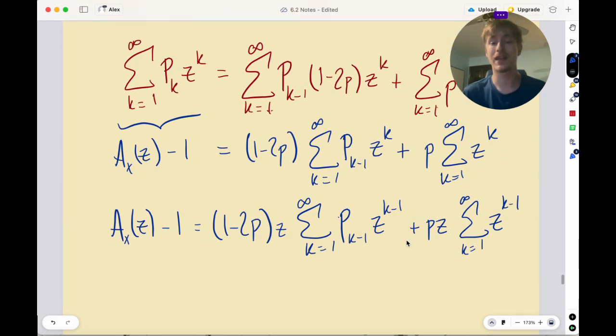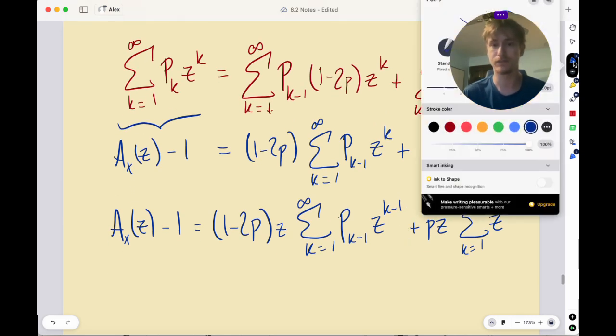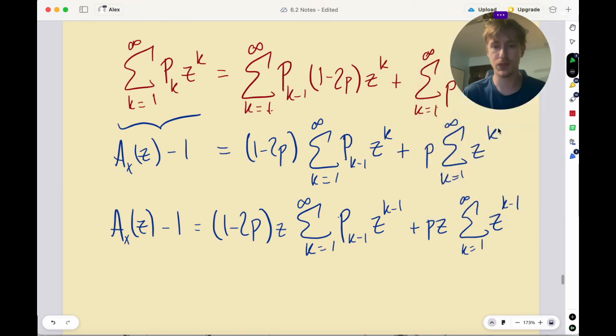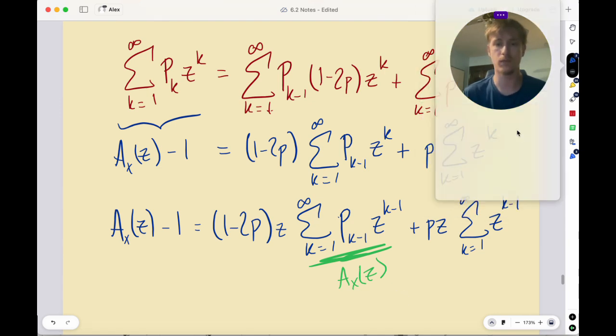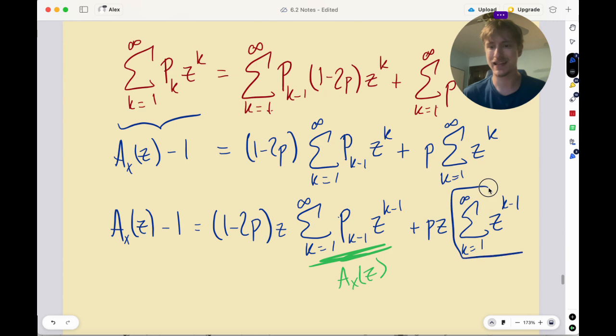Now, that's kind of interesting because this term right here is just the definition of the generating function. So we can go ahead and include that now. And this is a classic geometric series. Because of k minus 1 and k equals 1, it's shifted essentially.